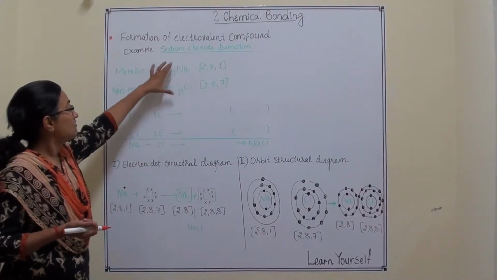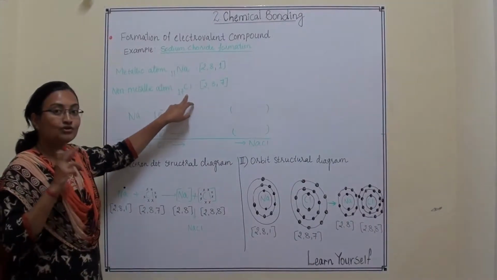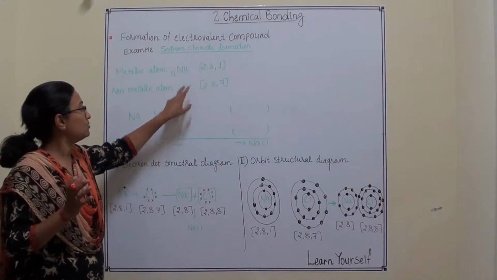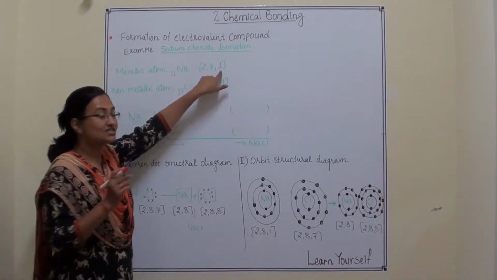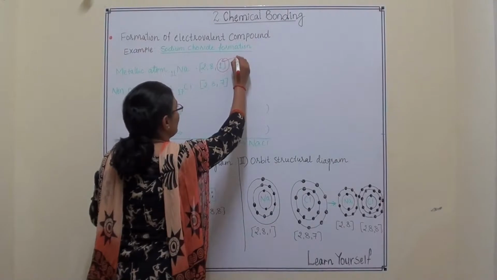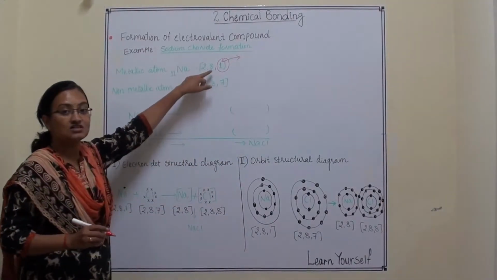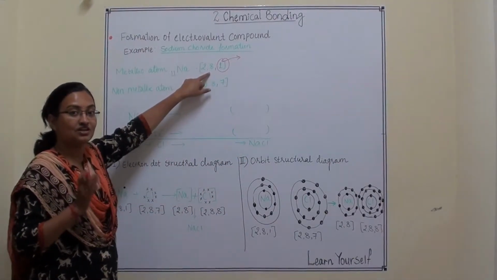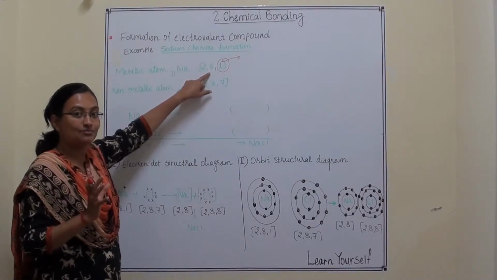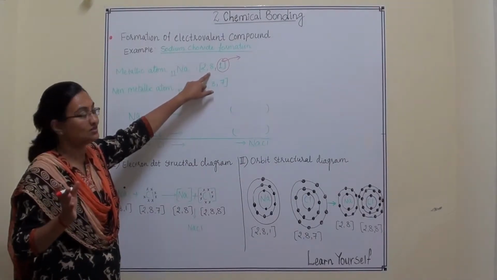So when sodium and chlorine form an electrovalent compound, sodium will lose its outermost 1 electron and form a stable electronic configuration like the nearest noble gas, neon.